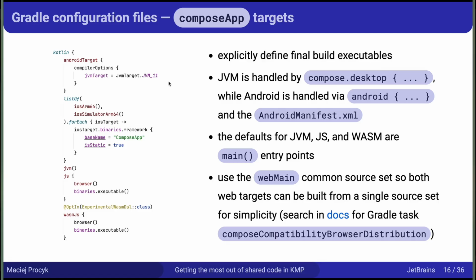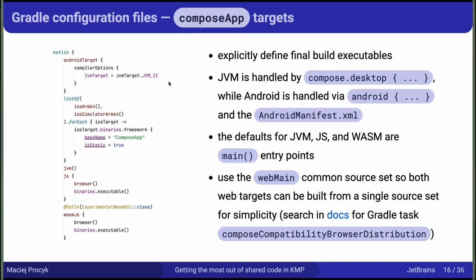What I'd like to share, maybe with some of you who already used this in the past, is some kind of new part there, which is the commonization of the Wasm.js and JS targets.